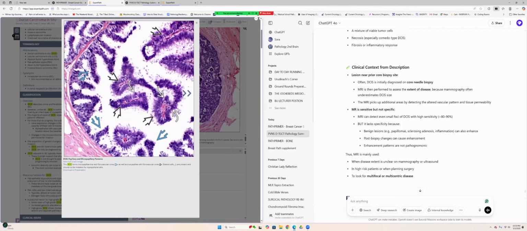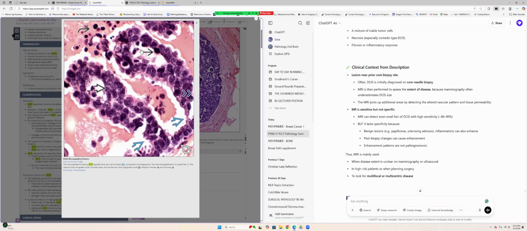This is papillary and micropapillary pattern. They have fibrovascular cores. Globoid cells are present and should not be mistaken for epithelial cells. It's papillary and micropapillary DCIS pattern.